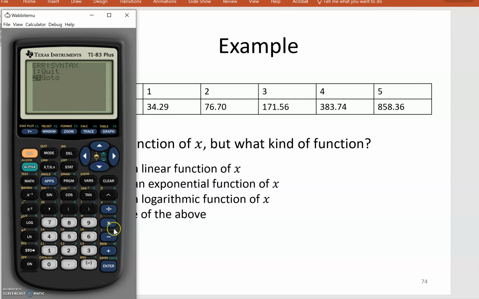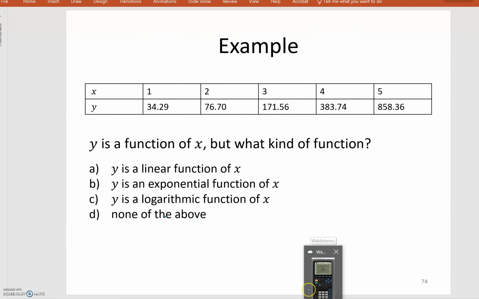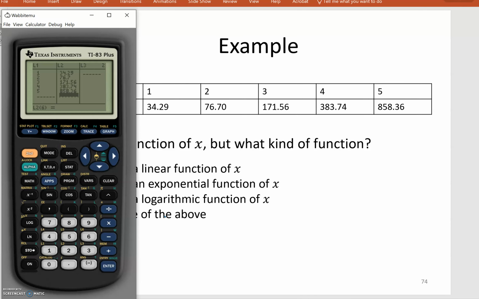Actually, I'm going to pause the video and enter this data. Okay, so as I was saying, I've got my data entered now in the calculator, and I'm going to go to stat plot, turn my stat plot on, and then I'm going to do zoom stat.